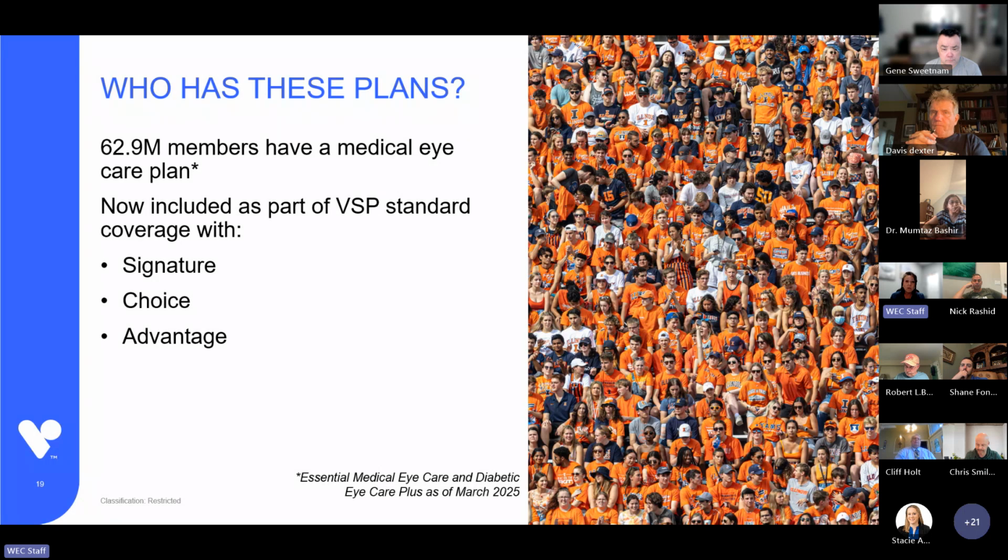As of March of 2025, 63 million members have Essential Medical Eye Care. It comes standard with VSP's Signature, Choice and Advantage plans. Now the client can opt out, meaning the client, FedEx, Boeing, any of the big companies that purchase the vision plan, can decide they don't want Essential Medical Eye Care built into the Signature, Choice and Advantage plans.